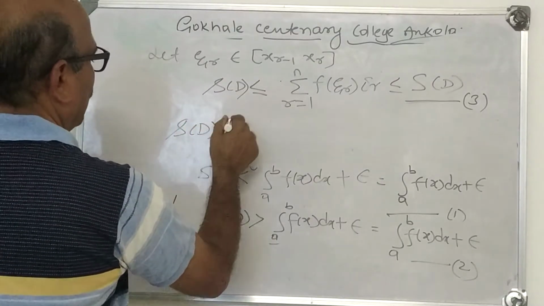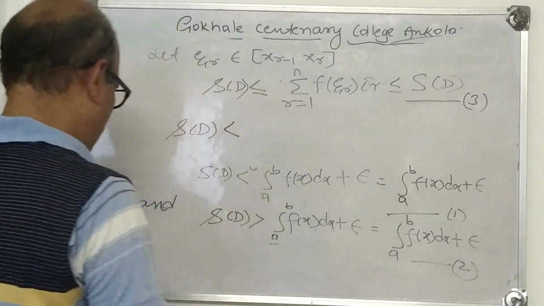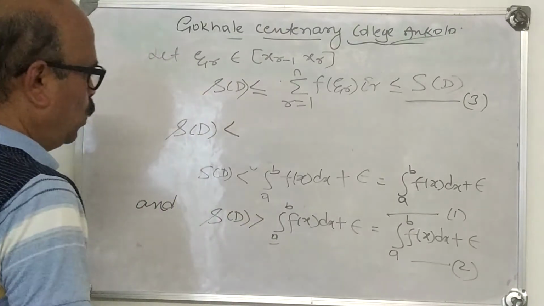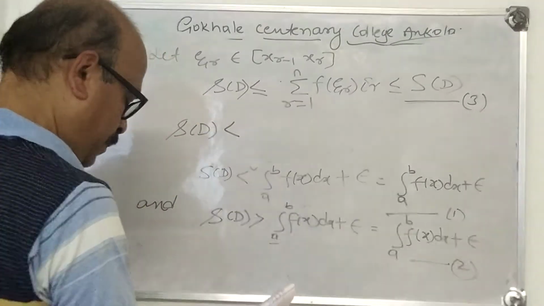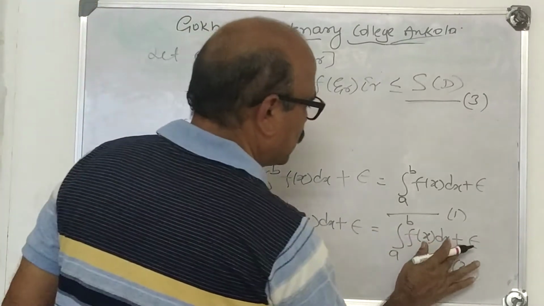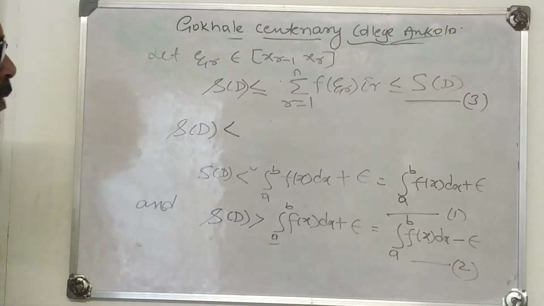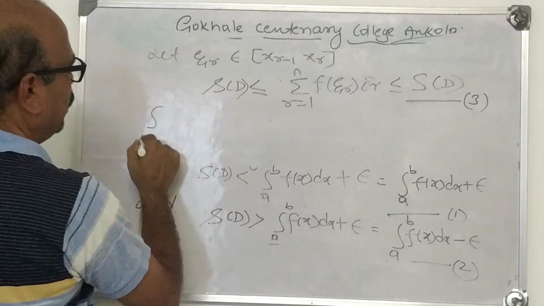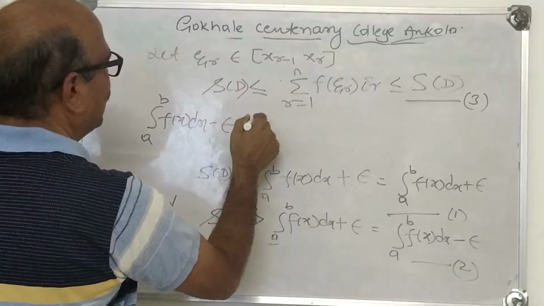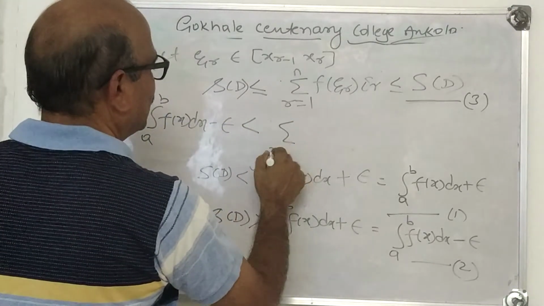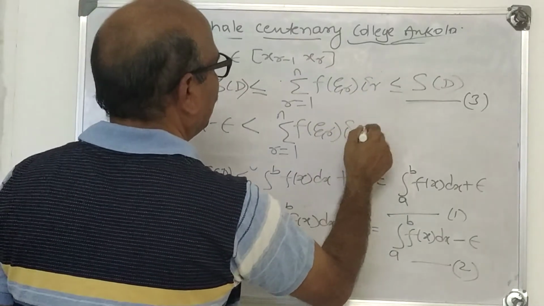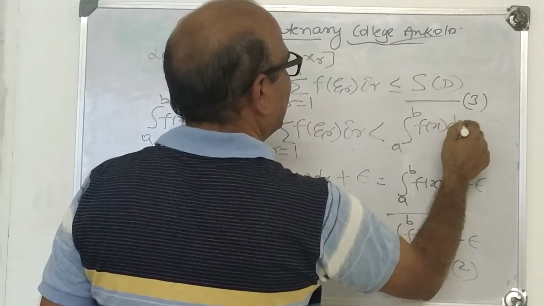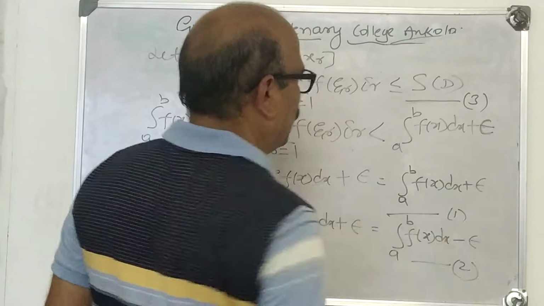Using the second Darboux theorem, we have the integral from a to b of f(x) dx minus epsilon less than the sum from r = 1 to n of f(xi_r) delta_r, which is less than the integral from a to b of f(x) dx plus epsilon.